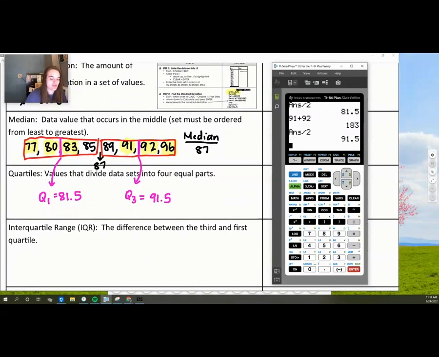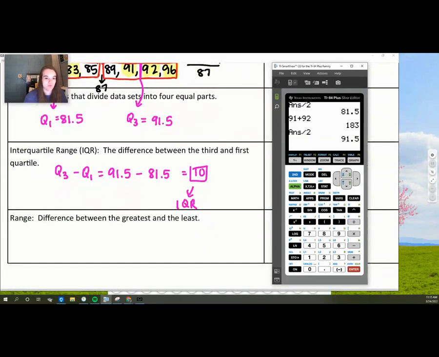The interquartile range is literally the difference of Q3 and Q1. So 91.5 minus 81.5, which is simply 10. That is our IQR, interquartile range, okay? All right, and then in our last flap is the range.